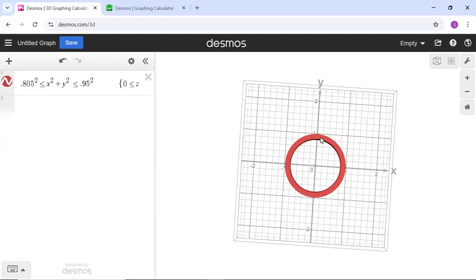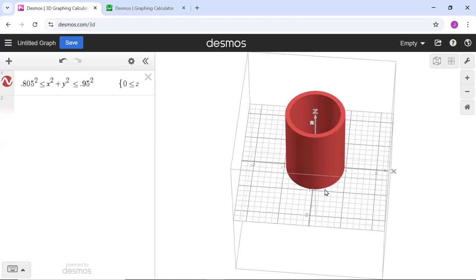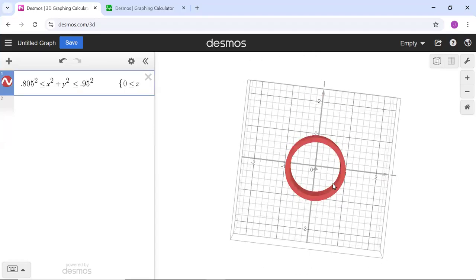My theta is going to go all the way around because the pipe makes a complete circle. And then the z value, obviously, is 6 inches, so we're going to go from 0 up to 6. But that's the whole integration. Let's go ahead and do that.